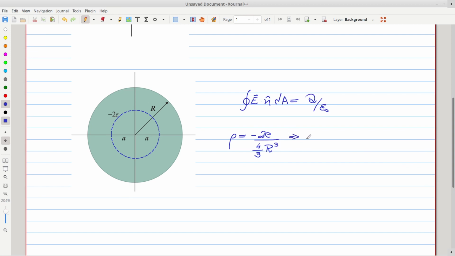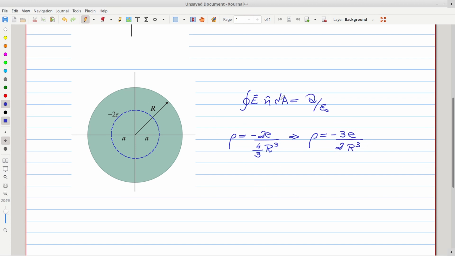Therefore, the charge density will be minus 3e divided by 8 pi r to the third.